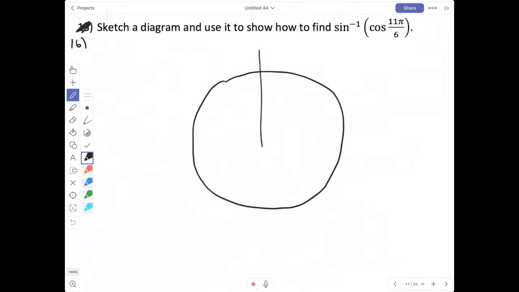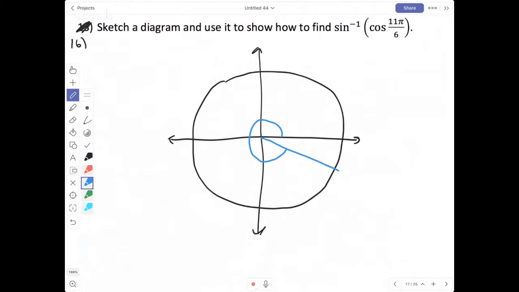Okay, so here's a diagram of, you got it, a unit circle. I need to go 11 pi over 6 radians all the way around to here. This is theta equal to 11 pi over 6, just a mere 30 degrees short of 2 pi radians.